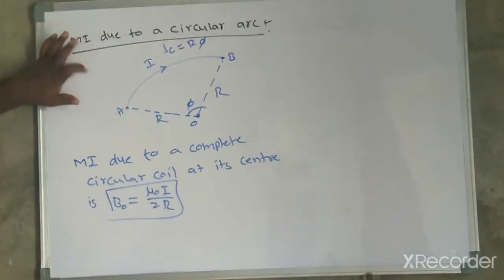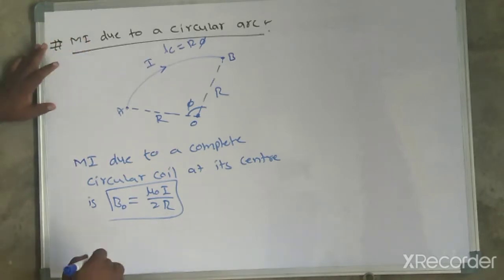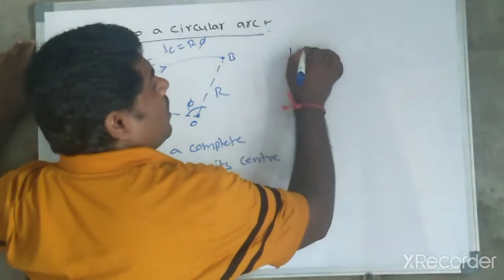Here we are going to find the magnetic induction due to the circular arc.